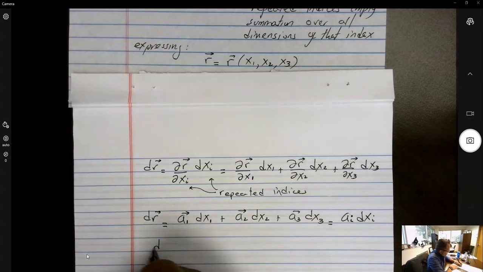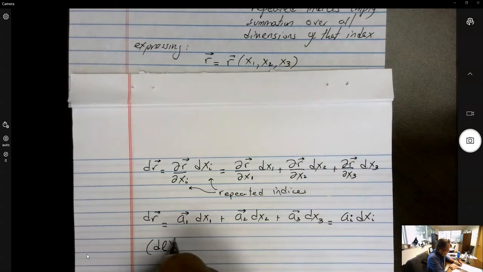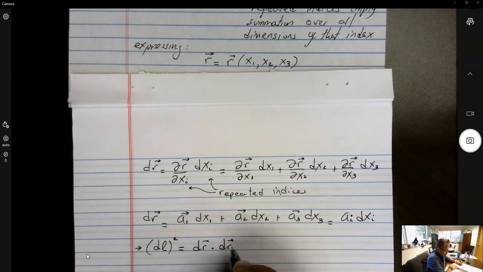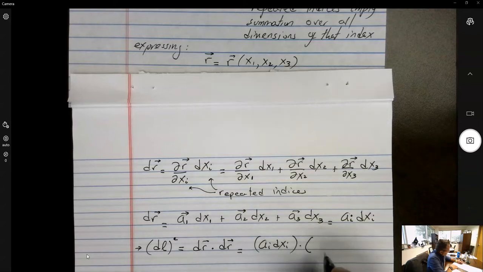So dl squared, therefore, the differential arc length squared, which is equal to dr dotted into dr, and in this case is ai dxi. And now I'm going to be careful not to use the same index for the second one. I'm going to use aj dxj. So these two are repeating, and therefore there's a summation implied between these two, and there's a summation implied between these two.